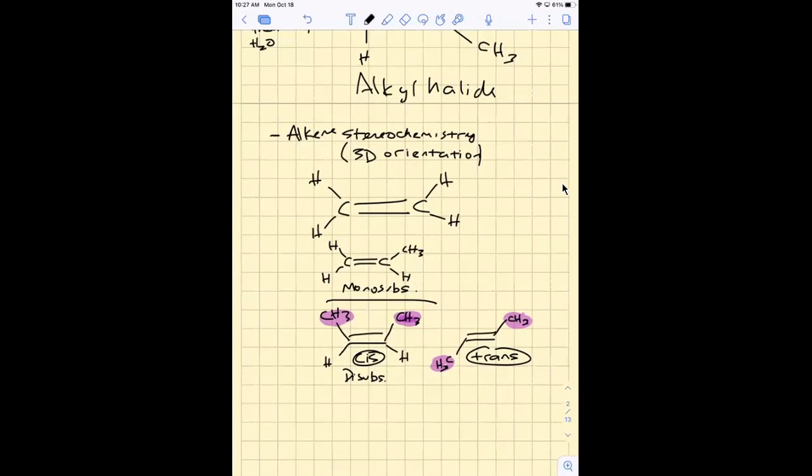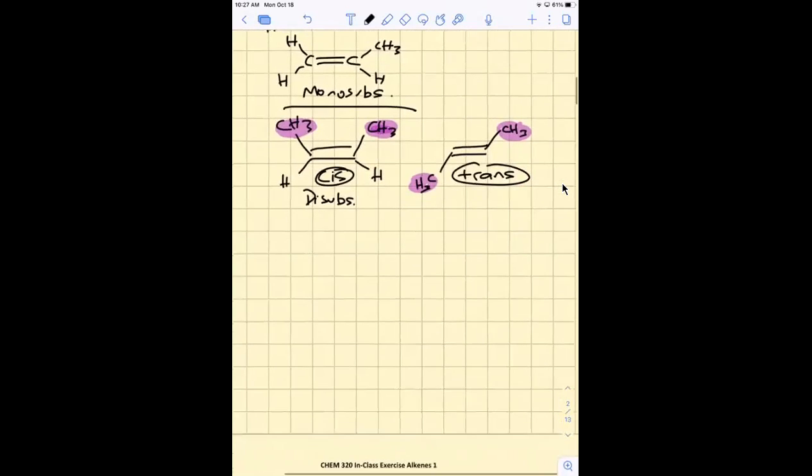So if it's monosubstituted, there's no stereochemistry. You can have cis or trans, or if it's disubstituted, you can have a situation like this where both groups are on the same carbon and it's neither cis nor trans, and we just call this a 1,1 disubstituted system.